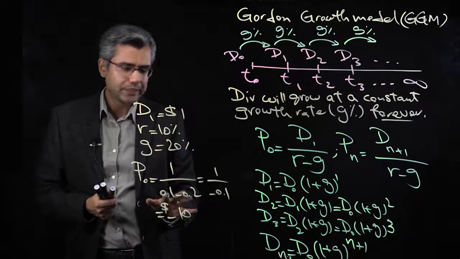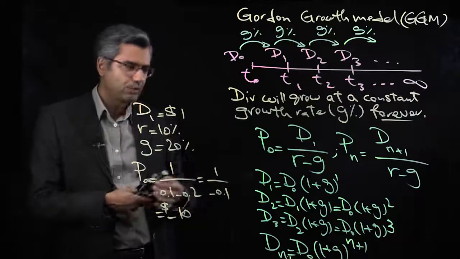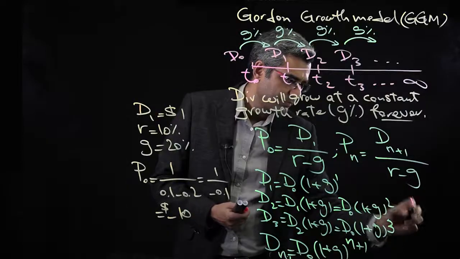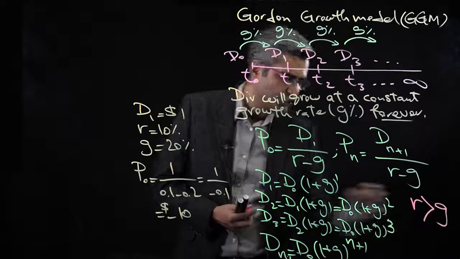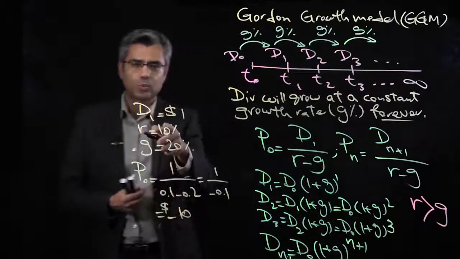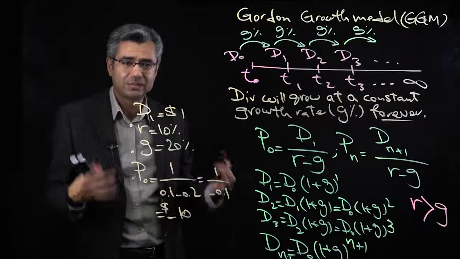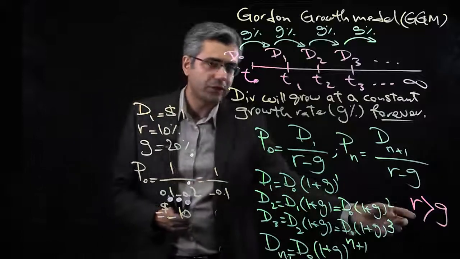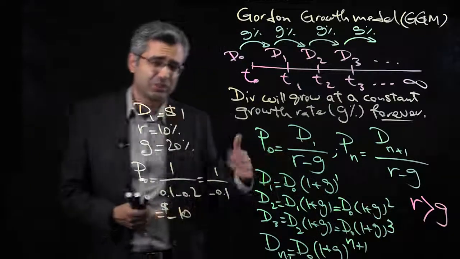The issue is, the assumption for the formula is R must be greater than G. In this example, R was less than G. So the formula cannot be used. We can use it when R is greater than G, and it must be greater by enough.